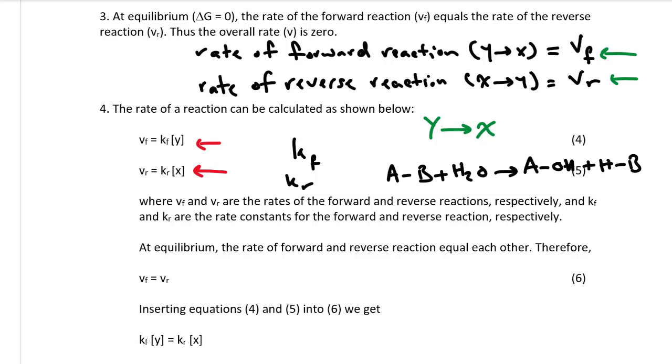Well, H2O is the solvent, right? Because we're in an aqueous solution, so it's available almost in infinite amounts, so we don't put that into the equation and we just treat this as a pseudo first order reaction. And the rate of the forward reaction is dependent on how much reactant you have, and the rate of the reverse reaction is dependent on how much product you have.